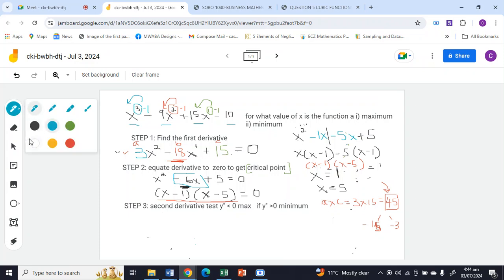So let's use the complicated one. We have to derive 3x squared minus 18x plus 15.